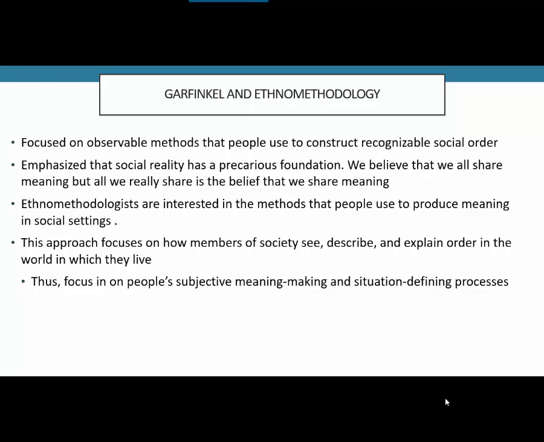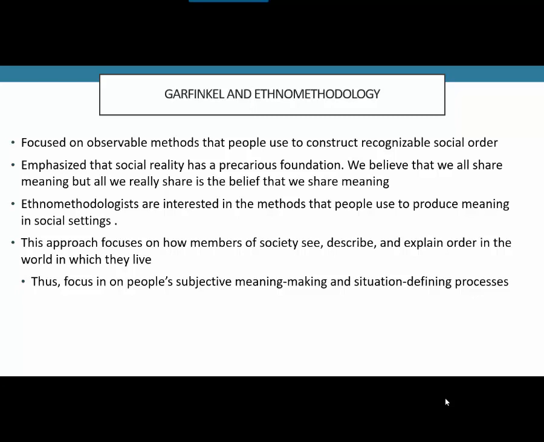Ethnomethodologists emphasize that social reality has a precarious foundation. We believe that we all share the same meaning, but sometimes all we share is the belief that we share the same meaning, which is just a fancy way of saying because we're all constructing our own realities, we might be out here assuming that other people are constructing the same interpretation that we are, but they really aren't.